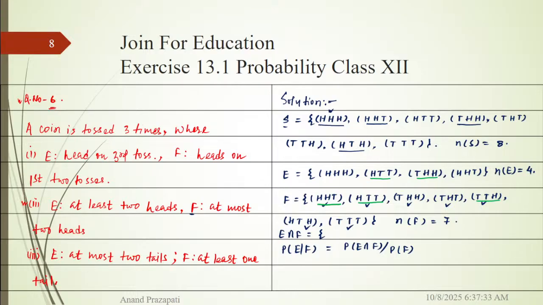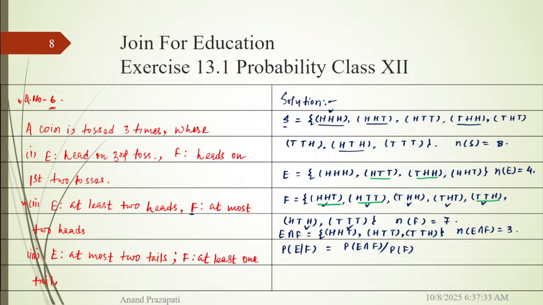So we write down here in blue color HHT, HTT and TTH. So the number of E intersection F equals 3.